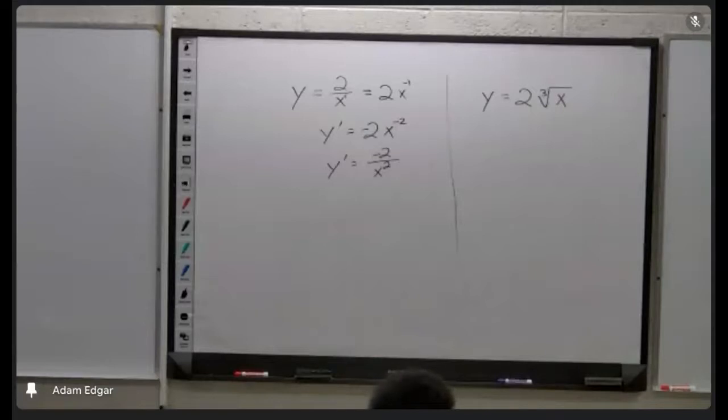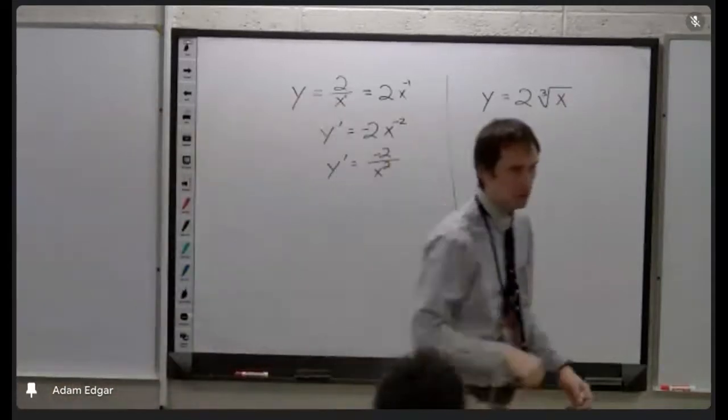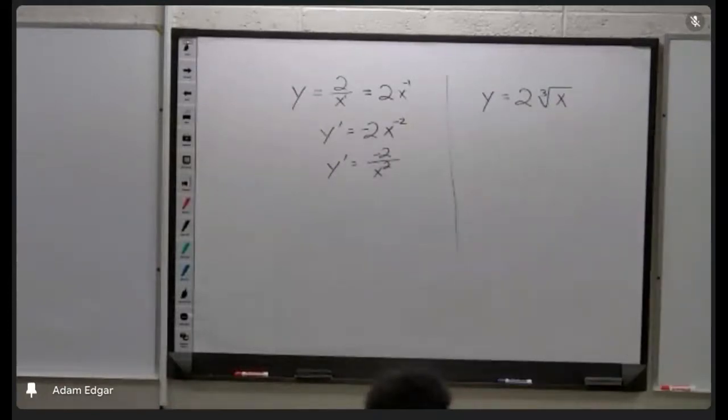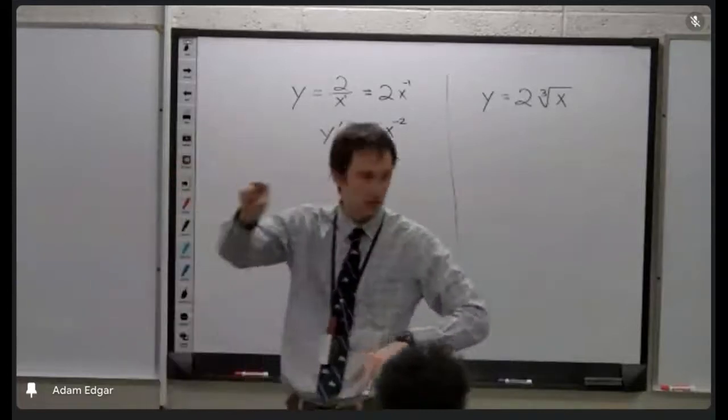Label the final result, please. You rewrote the original function. You still haven't done a derivative. Right, with the small. Yes, that's right. Yep. And then get rid of the negative exponent on the x. Okay, cool. I see the label on the previous slide.